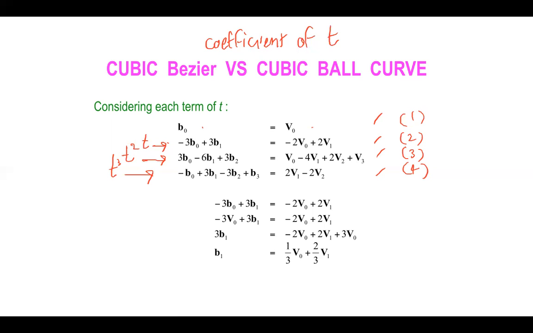So we can get these 4 formulas, and then we have to rewrite them, because we want to get V0, V1, V2, and V3. So we have to write this in terms of B0, B1, B2, and B3.